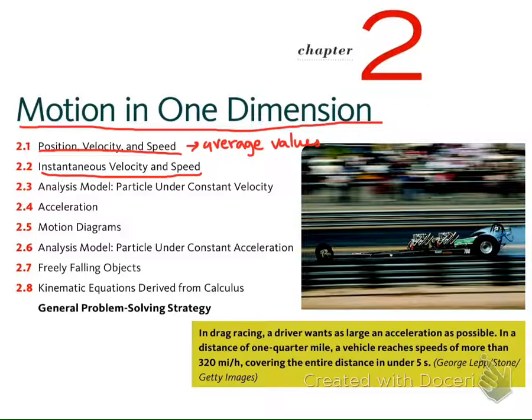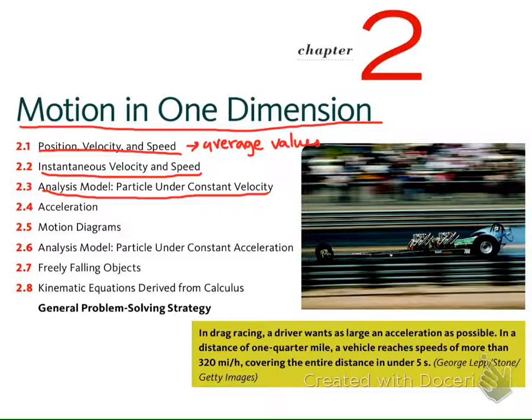Once we have those definitions, we move to the simple model of a particle under constant velocity. We will do the analysis of this problem. Next, what happens when the velocity changes in time?